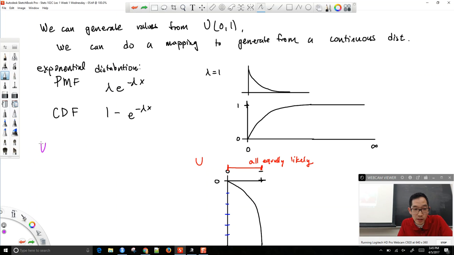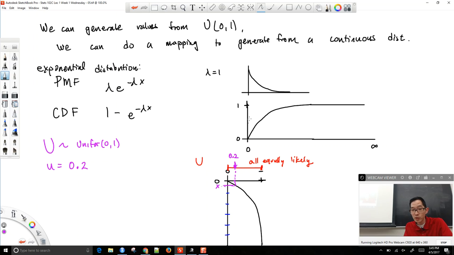Okay, let's say we draw U from uniform 0, 1, and let's say U happens to equal 0.2. Okay, so we end up right here at 0.2, and we go right here to 0.2, and then it says we're going to be right here, and then we come across down to here, and we say, oh, now our x is going to be this value.